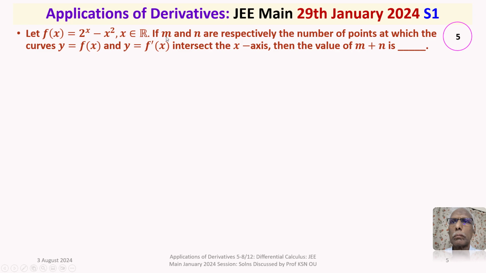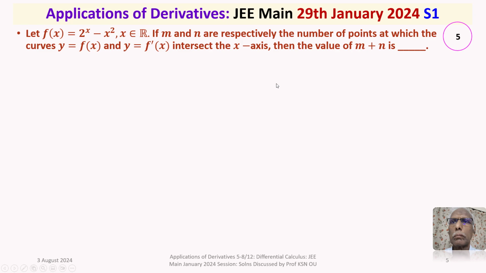If m and n are respectively the number of points at which the curves y is equal to f of x and y is equal to f prime x intersect the x-axis, then the value of m plus n is.